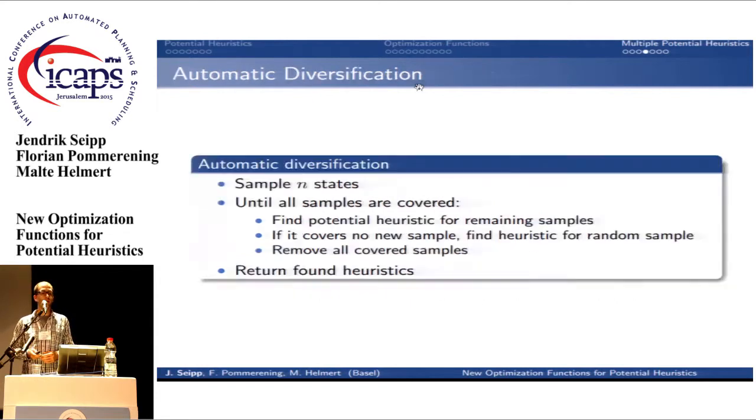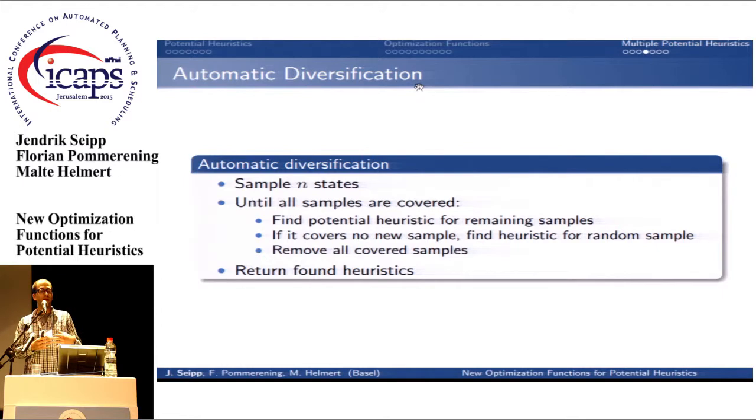This is why we came up with our automatic diversification approach, where we iteratively find the potential heuristic that is best for most of the sampled states. In detail, we sample n states, and then we calculate the potential heuristic that is best for these remaining samples.